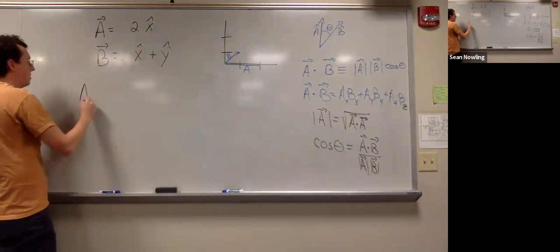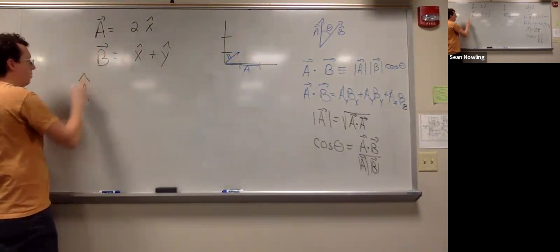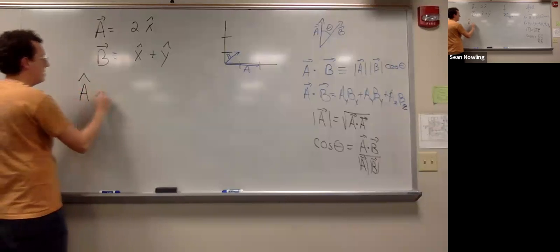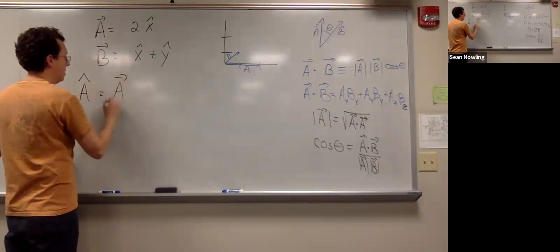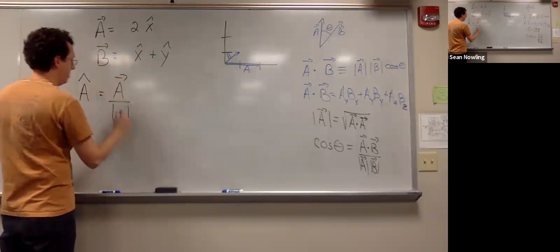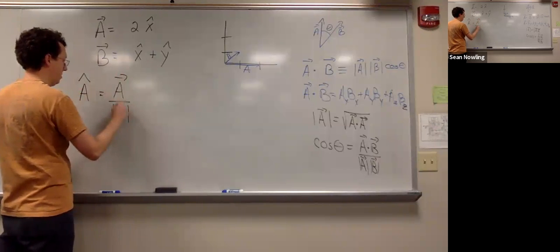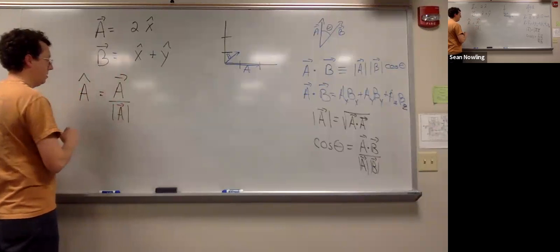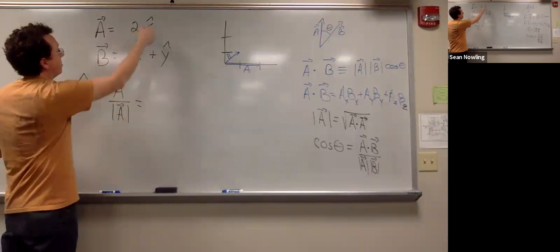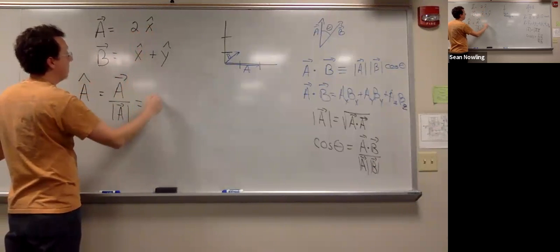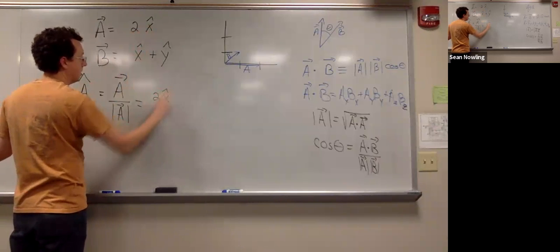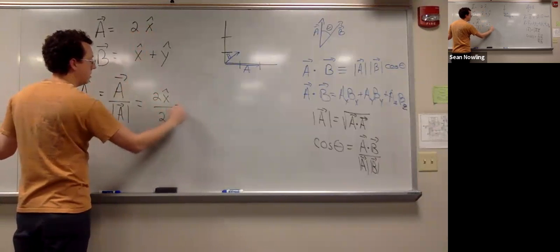A unit vector which is parallel to A is simply A divided by its magnitude. Well, that's pretty trivial. That's going to be 2x divided by 2, which is just x hat.